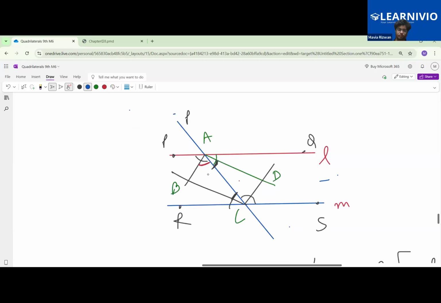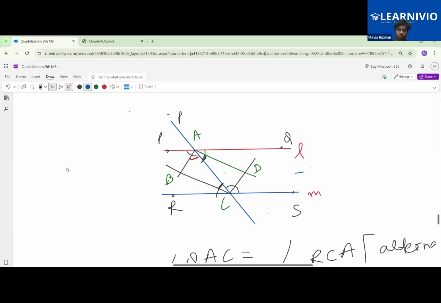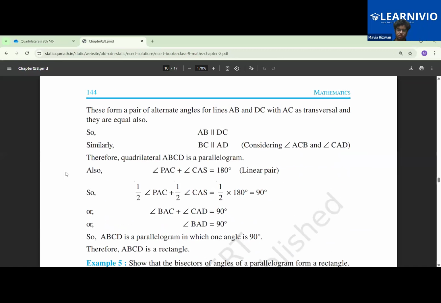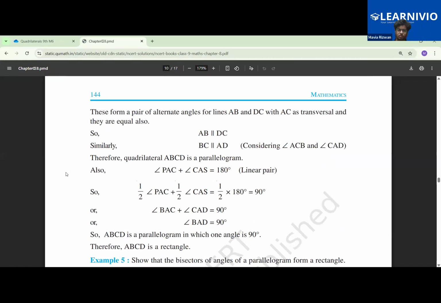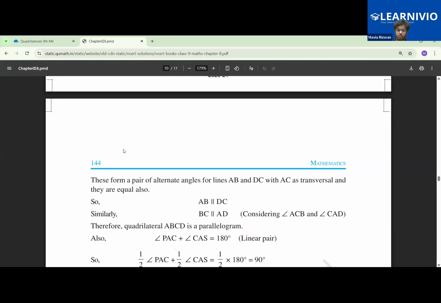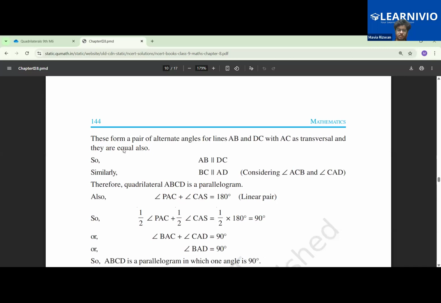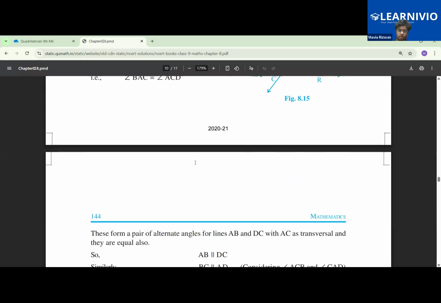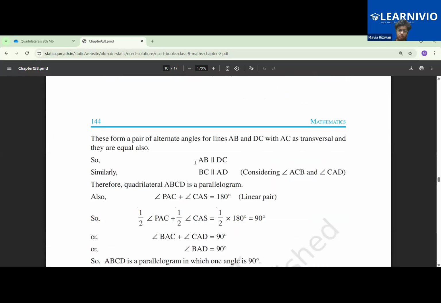Let's see how they have used in the book. My way is longer. They have proved it: angle PAC plus angle CAS equal to 90, linear pair.